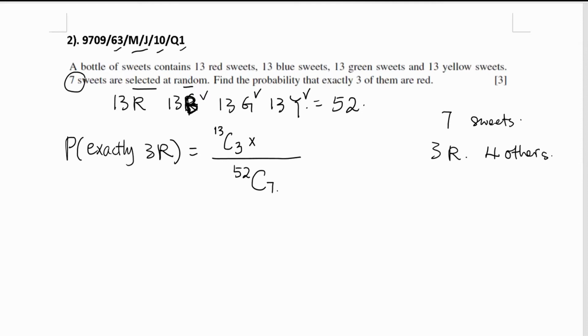We have 39 sweets altogether, and we need to randomly select 4 sweets, right? Then the number of ways is 39C4. Hence, we find the number of ways to select 7 sweets that contain exactly 3 red. Divided by the total number of ways without restrictions, we have the probability.